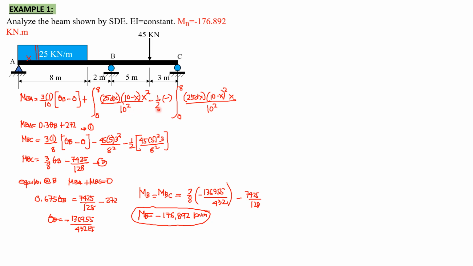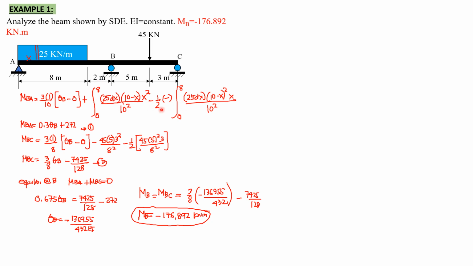Then minus 1/2 of the fixed moment at A due to the load, which is expected to be negative. When the first term is positive, the second term should also be positive; when the first term is negative, the second would also be negative. In short, the two terms should have the same signs.